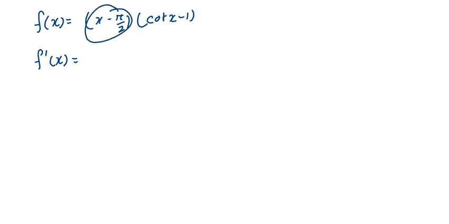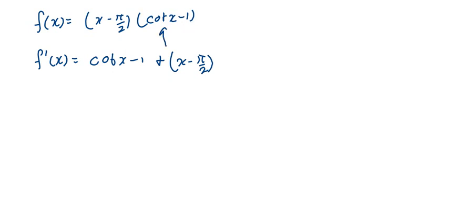So the derivative of this part is 0, the derivative of this part is 1. So I'm going to write this as cotangent x minus 1. Then I'll say plus, I write this one the way it is, so that would be x minus pi over 2. The derivative of 1 is 0, but the derivative of cotangent x is simply minus cosecant squared x.